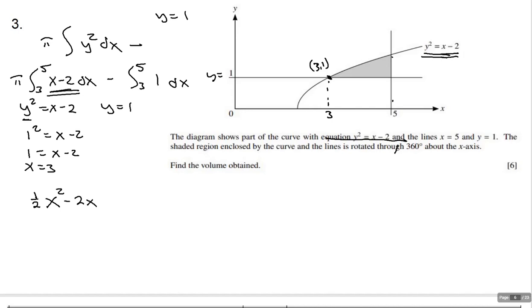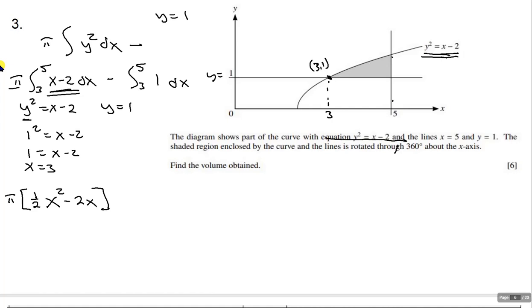Okay? Now, this is going to be the first part of our function. And what you want to do is always put a pi sign on here, because our answer is always going to be some number times pi. It's part of our formula, and we don't have to worry about it when we're integrating, so it's really easy to forget about. So write it down so you don't forget about it.